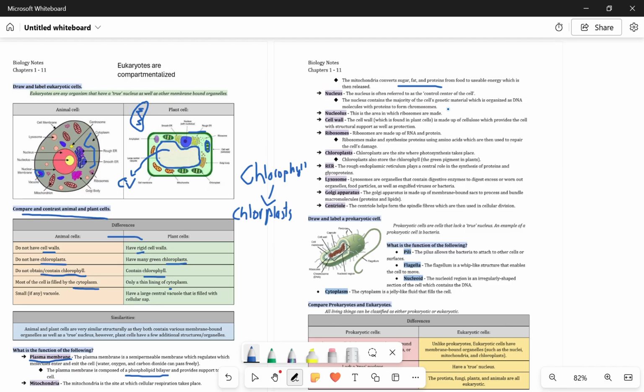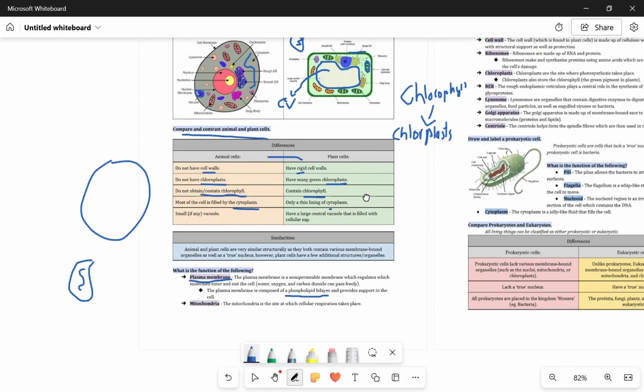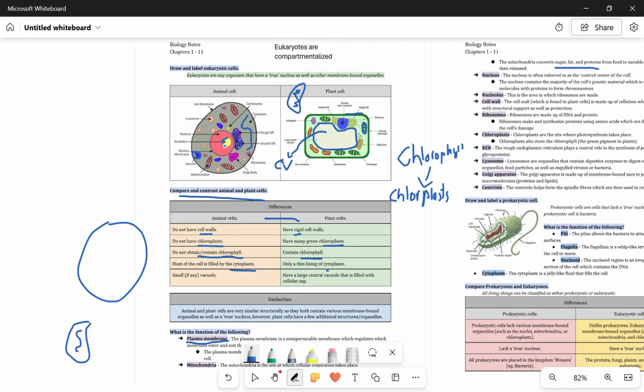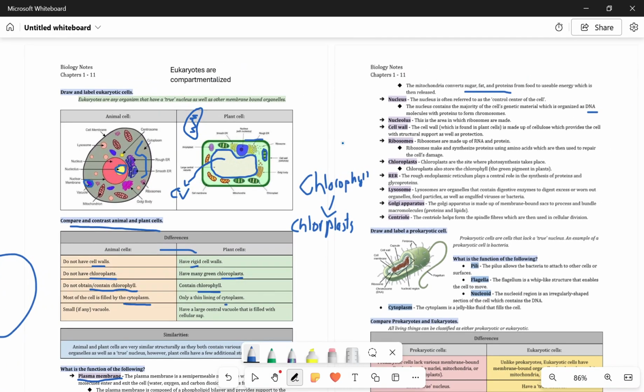The nucleus contains the majority of the cell's genetic material, which is organized as DNA molecules with proteins to form chromosomes, which we'll be covering when we cover DNA and genetics. The nucleolus is the area in which ribosomes are synthesized.